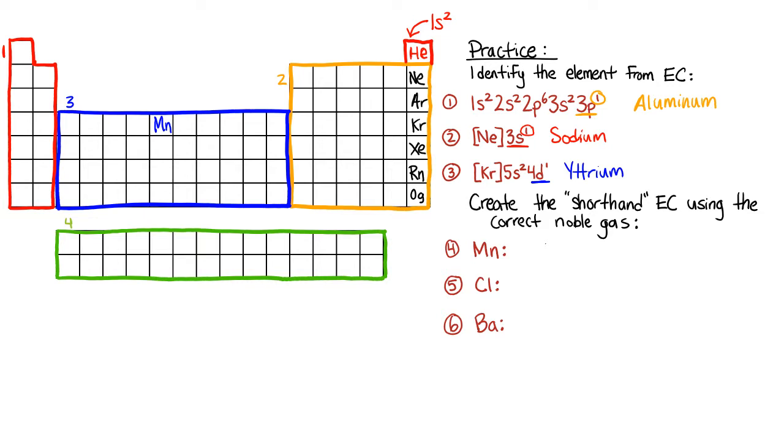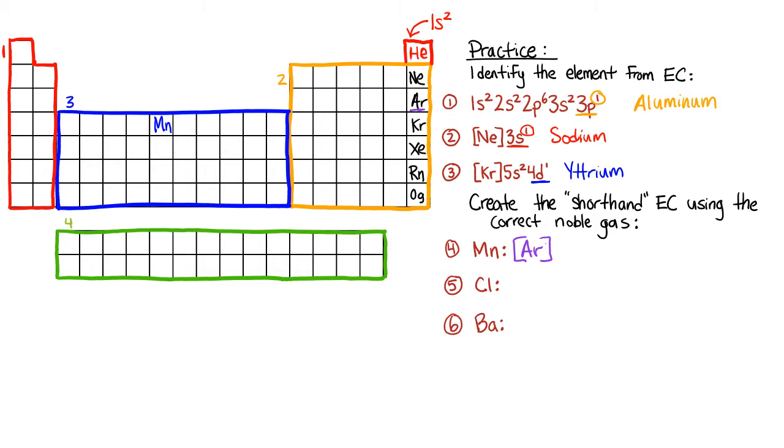The noble gas that we are going to use is the most recent noble gas, which is the noble gas that has an atomic number less than manganese, but closest to it. And that would be argon. As you can see, argon ends at the 3p6 region.